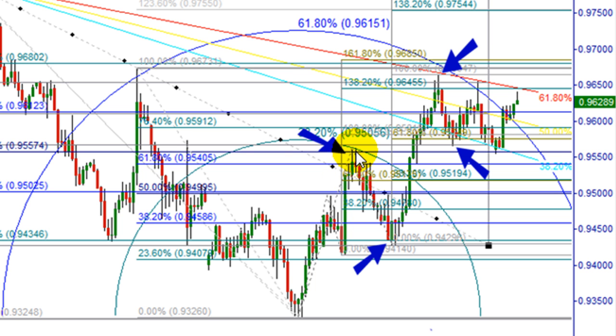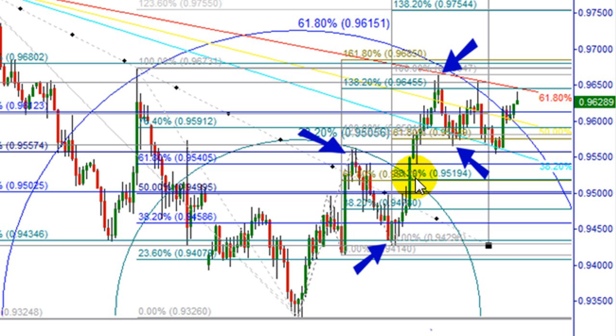When we look at corrective type of moves, you'll notice that this pullback here into the morning of the 13th is coming into several types of Fibonacci support. So we're dealing with basically 4 levels of Fibonacci support based upon these previous moves that took place.